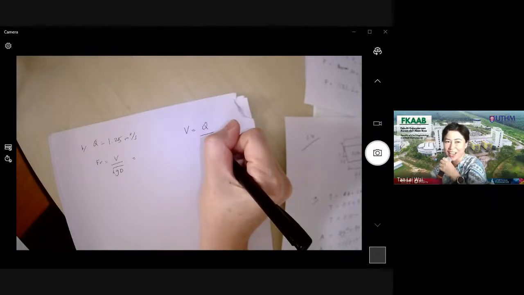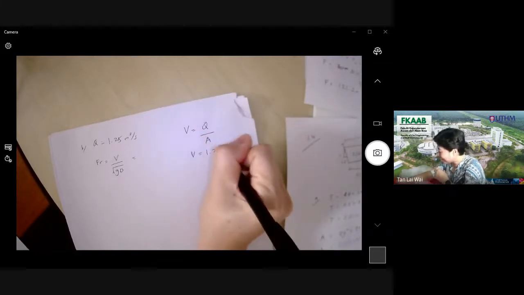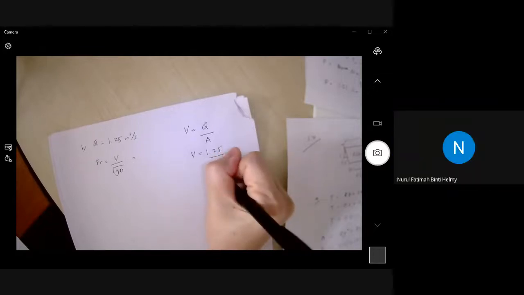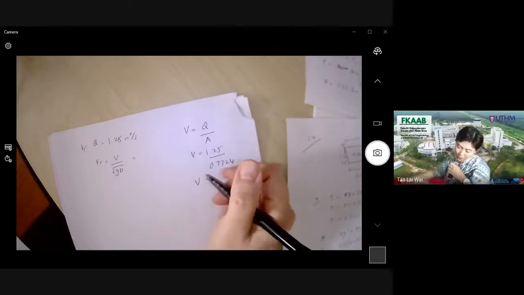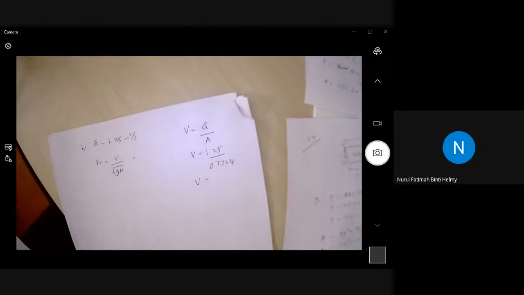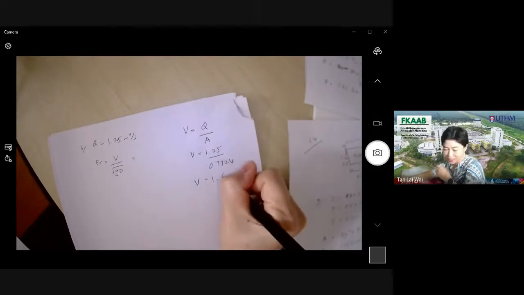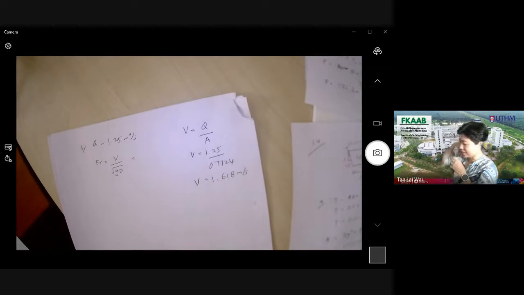Who's that? Fatima. Okay, thank you, Fatima. So, Fatima, jawapannya berapa? Saya dapat 1.618. Your velocity, ya? Betul, sama dengan saya. Okay, Jaswin, continue.